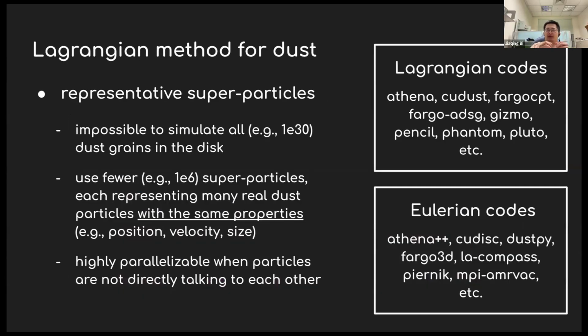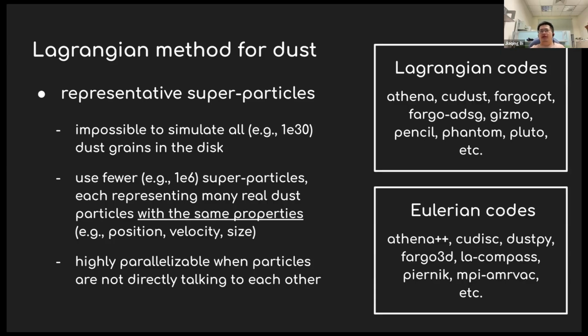And again, let's go to the Lagrangian method for dust. In this code, dust is treated as superparticles using the Lagrangian method. Why do we want to do that? First of all, it's impossible to simulate all the dust grains in the disk, which is maybe 10 to the 30 dust grains, and that's computationally impossible.